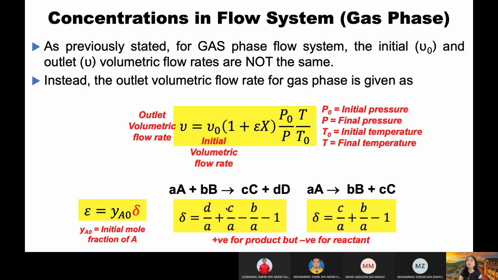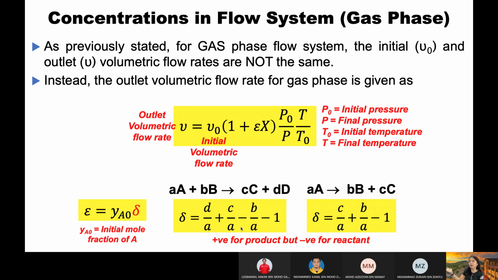So in terms of stoichiometric coefficient pun konsep yang sama. Sebab tu kamu nampak dalam first example, the reaction is between two reactants, two products. C dan D is the product, A and B is the reactant. So it becomes plus d per a, stoichiometric coefficient of D over stoichiometric coefficient of A, plus c per a, stoichiometric coefficient of C over A, minus, dah jadi minus.